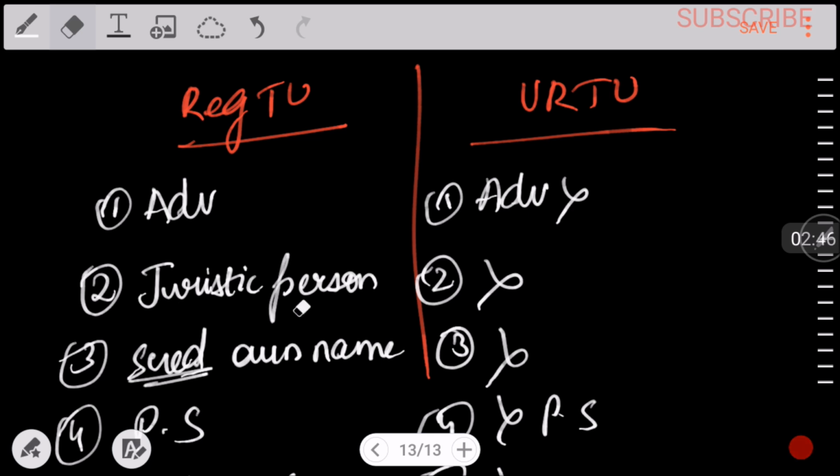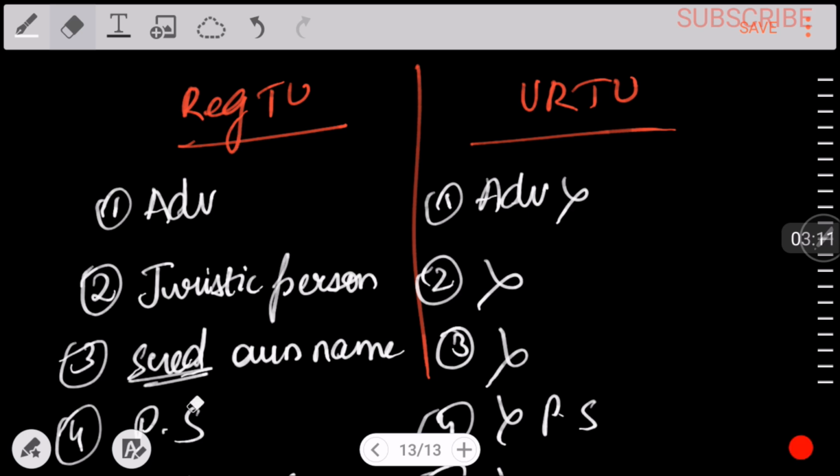A registered trade union is a juristic person, a legal person, separate from the members. An unregistered trade union is not a juristic person. It is only an association of persons. A registered trade union can sue or be sued in its own name. An unregistered trade union cannot.